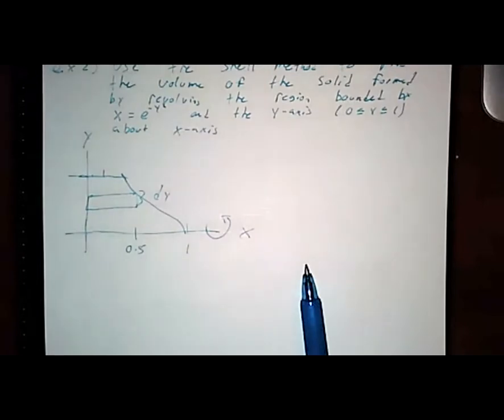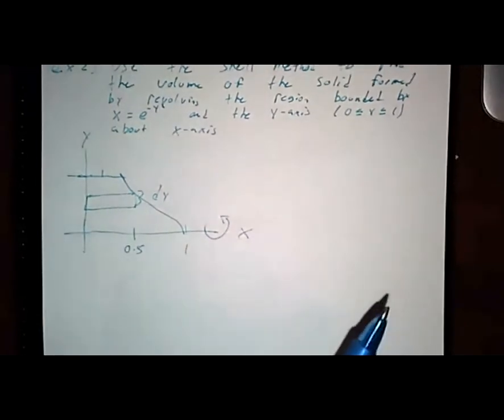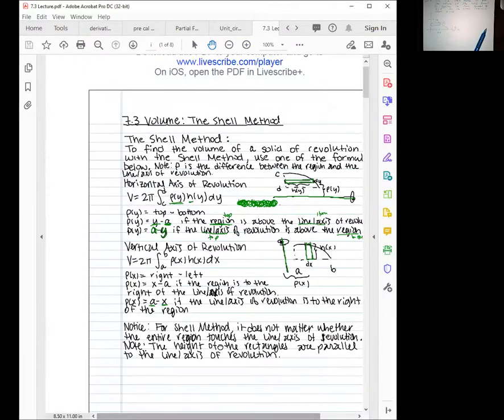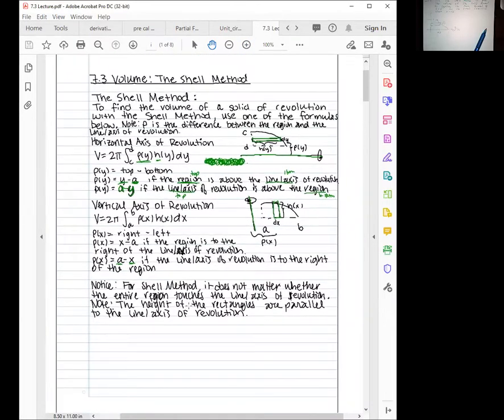Okay. All right. So at this point, since we have dy, let's look at our notes again, because I forget sometimes too. So we have dy. We look at top and bottom. It's going to be y minus a if the region is above the line of revolution.